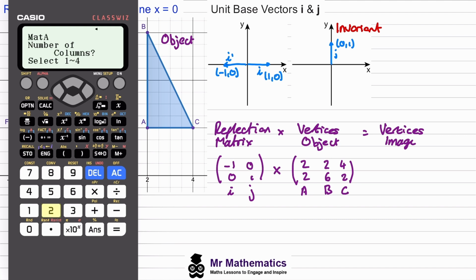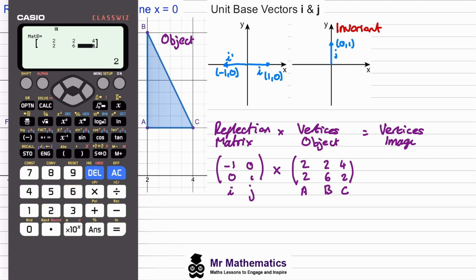And this has 2 rows and 2 columns. The elements are -1, 0, 0, and 1. Then we'll define matrix B as the vertices of the object. This has 2 rows and 3 columns. And the x coordinates are 2, 2, and 4. And the y coordinates are 2, 6, and 2.